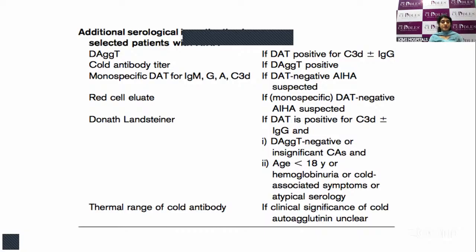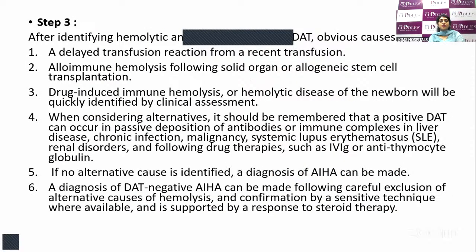And if monospecific DAT is negative and you still suspect AIHA, then you should look for red cell elution. Furthermore, if you have a DAT which is positive for C3d and IgG, and the other conditions which are listed below, you have to think of Donath-Landsteiner disease also. And if the clinical significance of cold agglutinin is unclear, then you have to think of the thermal range of the cold antibody.